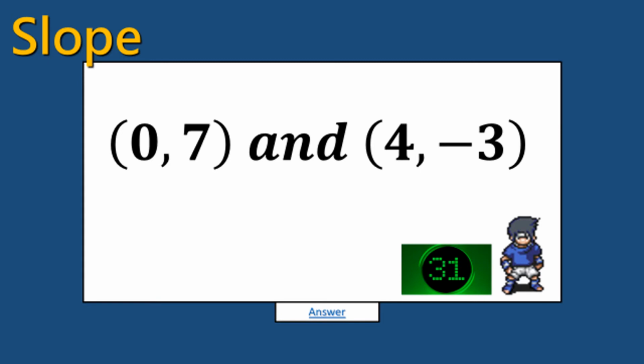The next given is (0, 7) and (4, negative 3).